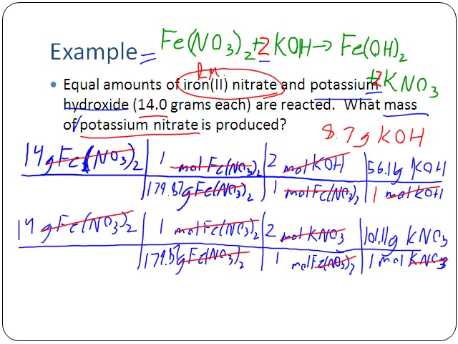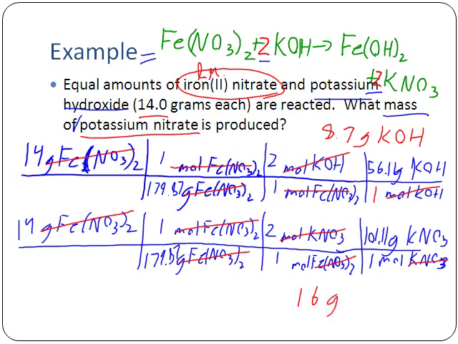And so simply by taking out the old calculator, we say 14 times 1 times 2 times 101.11, multiplying across the top, divided by the bottom, 179.87, and then divided by 1. When you work this out, you get 15.7395, and to two significant figures that'll be just 16.